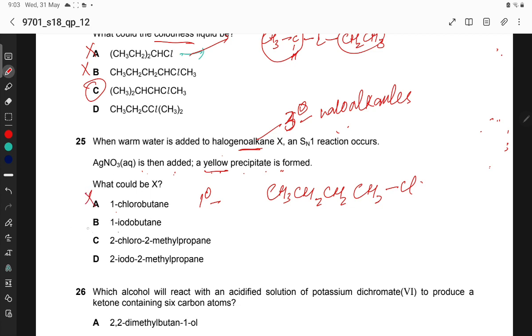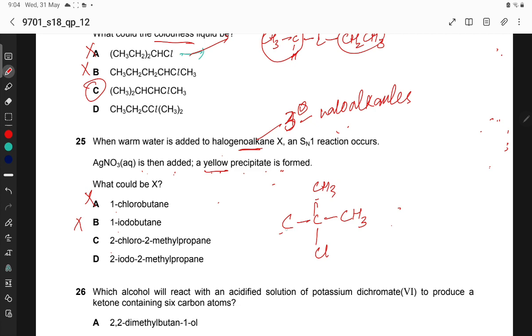Iodobutane is also primary, CH2. In a primary haloalkane an SN2 reaction occurs, so that's why it is not correct. 2-chloro-2-methylpropane, Cl, CH3 CH3 CH3.